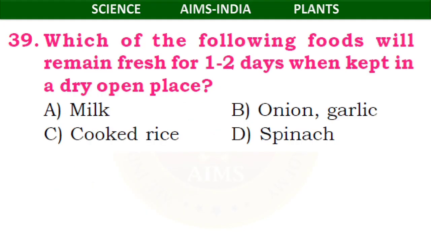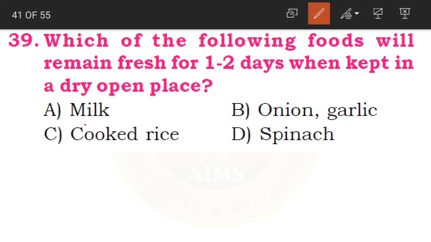Clear, children? Now 39th one. Which of the following foods will remain fresh for 1 or 2 days when kept in a dry open place? Whether it is milk, onion and garlic, cooked rice, or spinach.